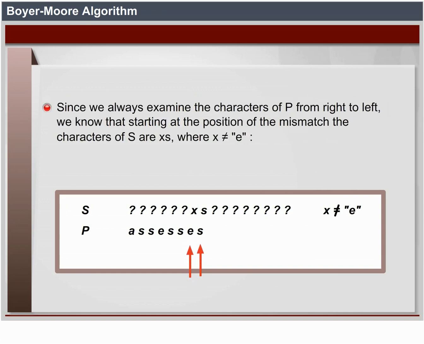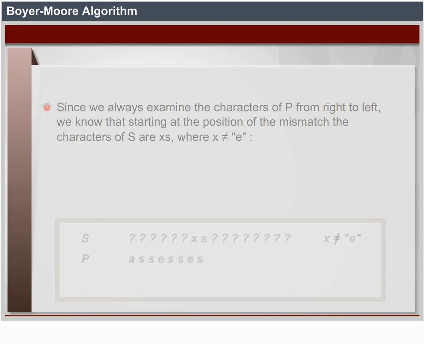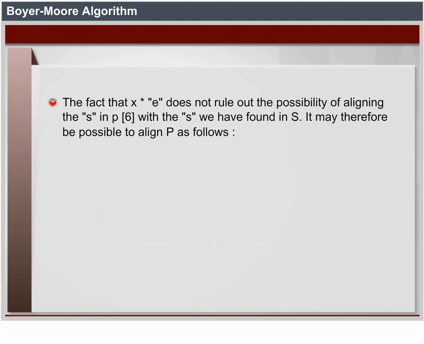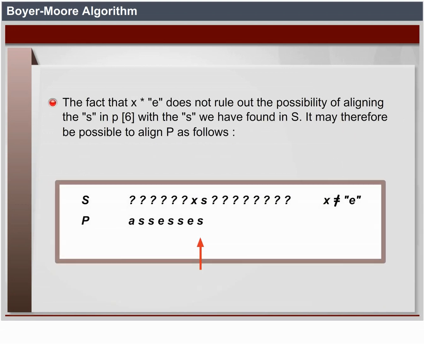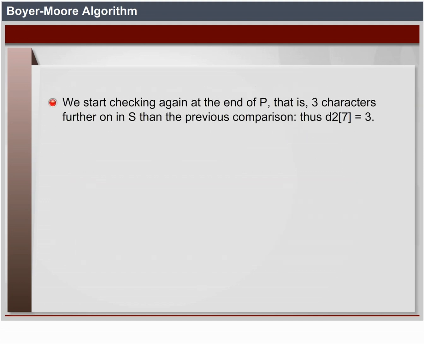Since we always examine the characters of P from right to left, we know that starting at the position of the mismatch, the characters of S are XS, where X not equal to E. The fact that X is not equal to E does not rule out the possibility of aligning the S in P of 6 with the S we have found in S. It may therefore be possible to align P as follows. We start checking again at the end of P, that is 3 characters further on in S than the previous comparison, thus D2 of 7 equals 3.